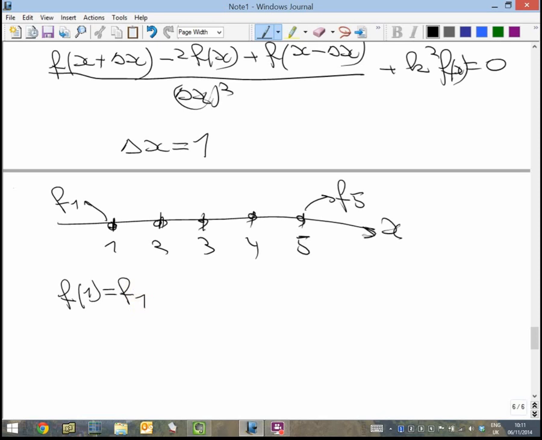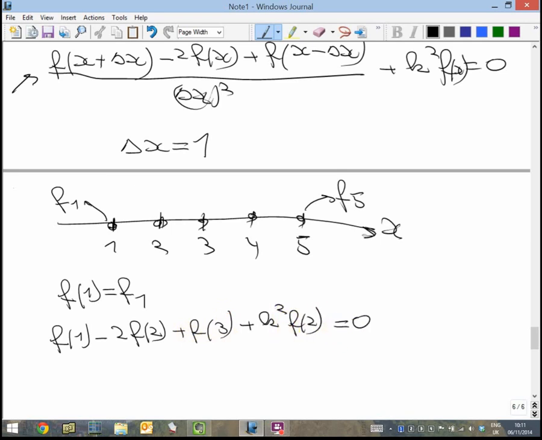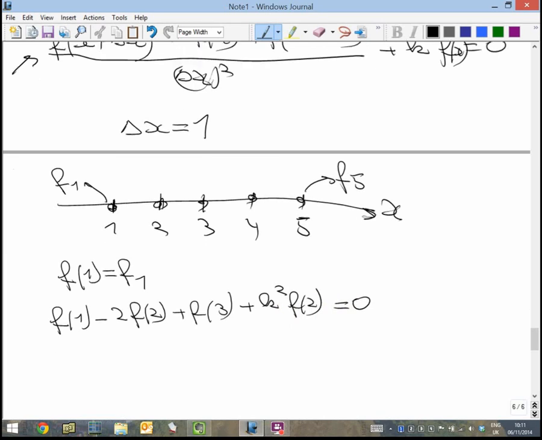Let's now evaluate our equation here at the point x equal to 2. So in fact, this gives us f1 minus 2 times f2 plus f3 plus k squared f of 2 is equal to 0. So this is information we get from applying this equation to the point x equal to 2.